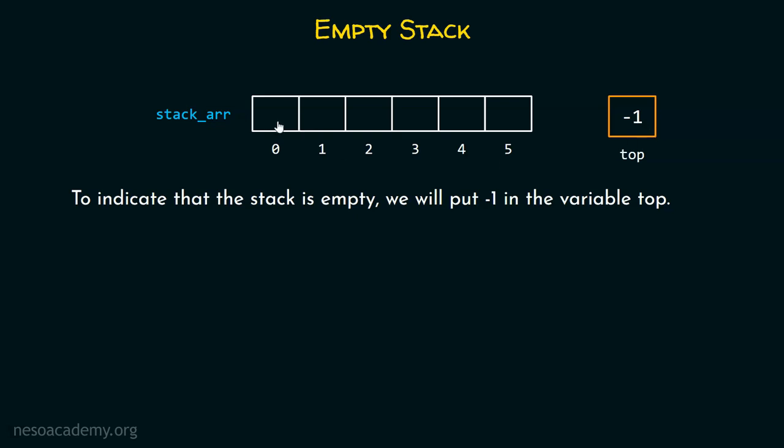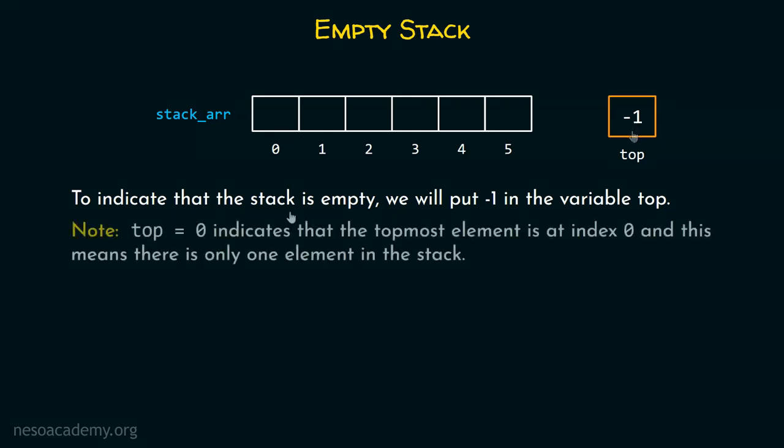So it makes sense to store -1 to indicate that the stack is empty. Please note that top equal to 0 indicates that the topmost element is at index 0, and this means there is only one element in the stack. Obviously, if top is 0, then the topmost element is at index 0 and there is no element above it.